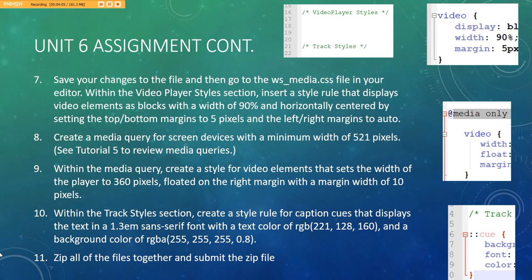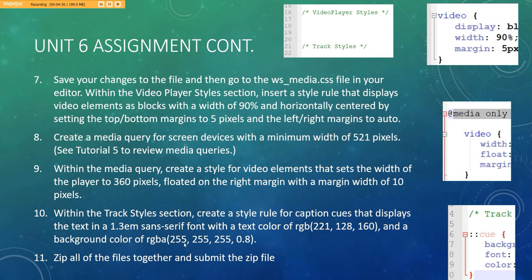Save your changes to the file and then go to the WS Media style sheet, and in the editor, within the video player styles, insert a style rule that displays video elements as blocks with a width of 90% and margins of 5 pixels on the top and bottom.